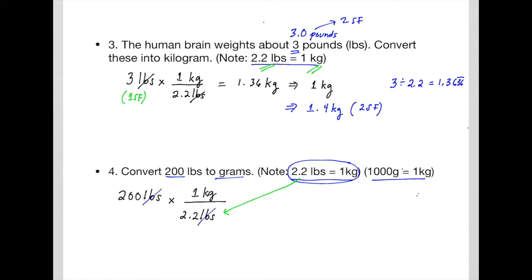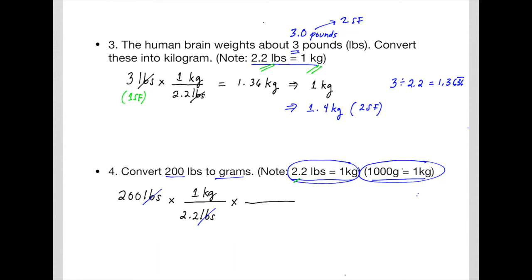Now, since my goal is to convert it to grams, I will not stop there. Since my unit now is in kilogram, I have to use this unit. Therefore, extend my dimensional analysis.